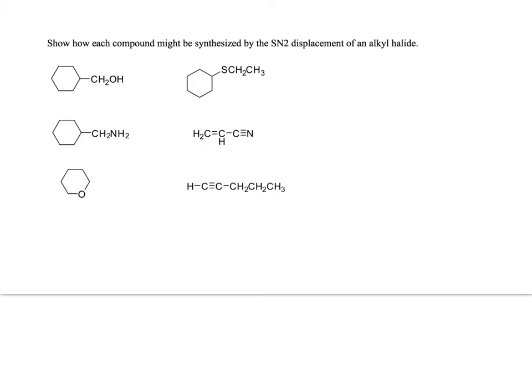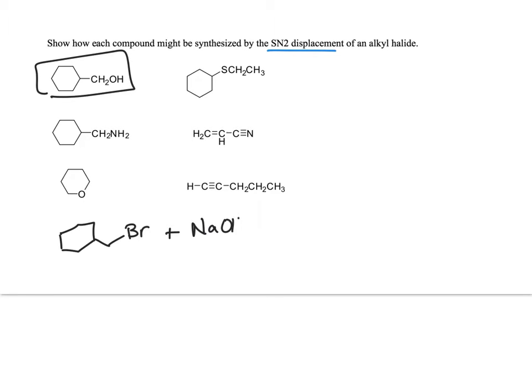Show how each compound might be synthesized by SN2 displacement of an alkyl halide. Okay, so the first reaction, you just make this a primary alkyl halide, and then you can react this with sodium hydroxide. This will do an SN2 reaction. This is your nucleophile.